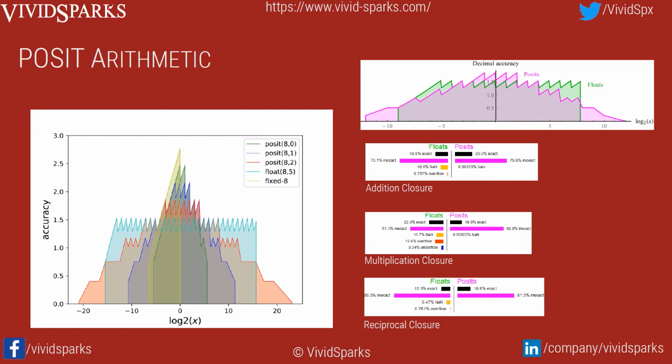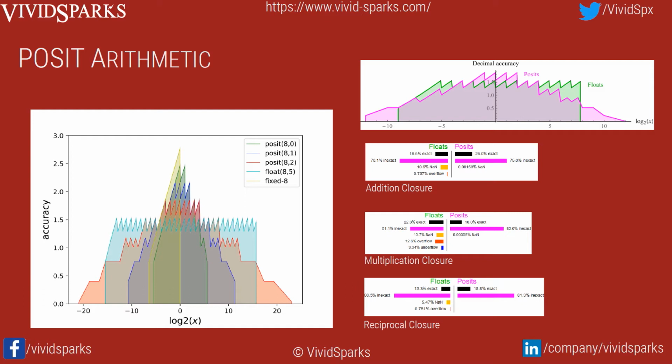And you can see on the top right corner, posits have tapered precision, in the sense that you have more accurate results. The tapered precision corresponds to the extra 4 bits in a POSIT 32, which gives you more accurate results.